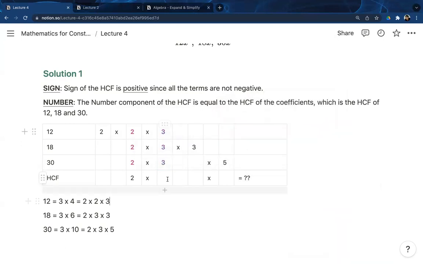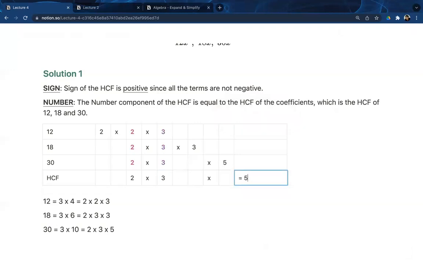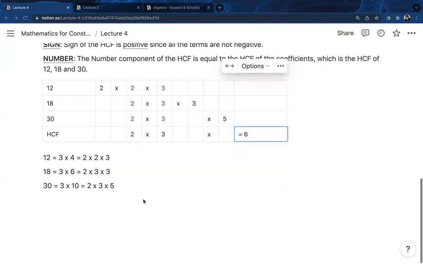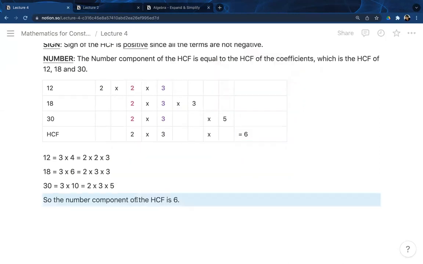So I'm going to have a 2 and a 3. Multiply the common numbers to get 6. So the HCF is 6. We can conclude here that the number component of the HCF is 6.